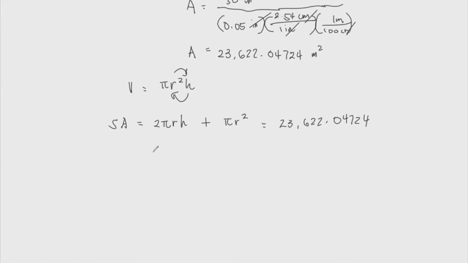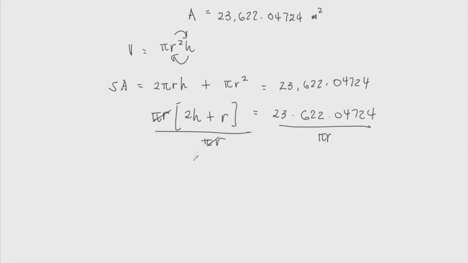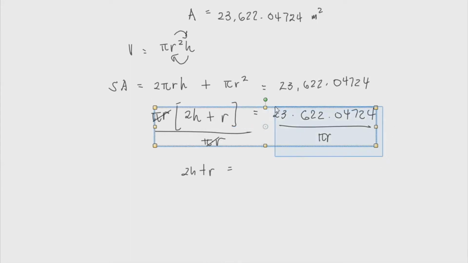So we have pi r, and then 2h plus r, which is equal to 23,622.04724. Then we divide both sides by pi r, so this cancels out. Now we're left with 2h plus r equal to this.